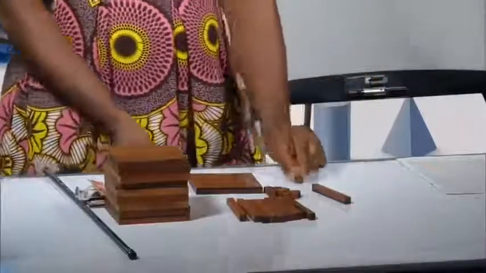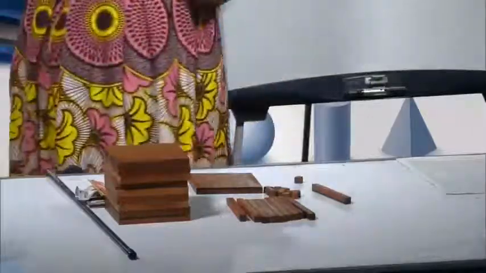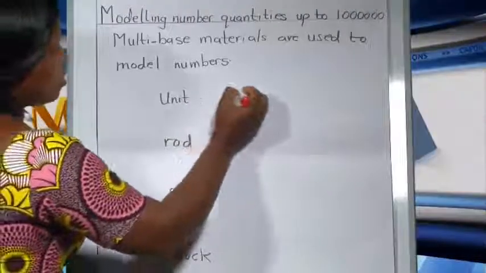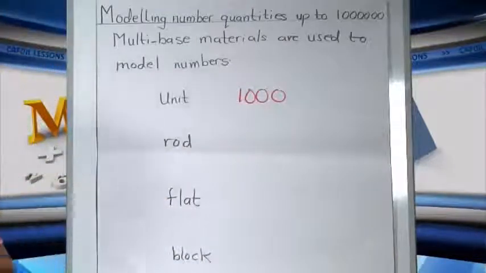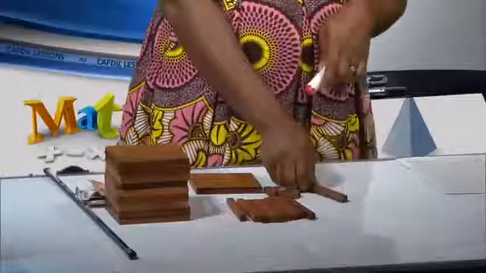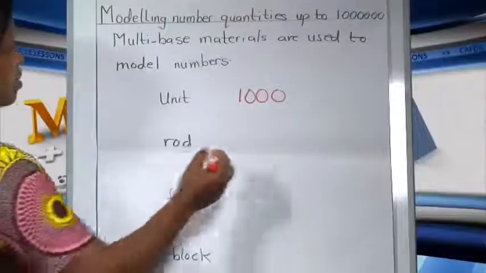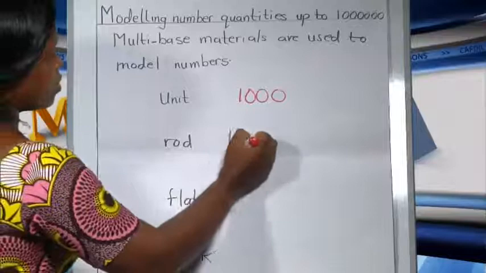Let's take the units. The value of the unit is 1,000. And the value of the rod, this one, is 10,000.